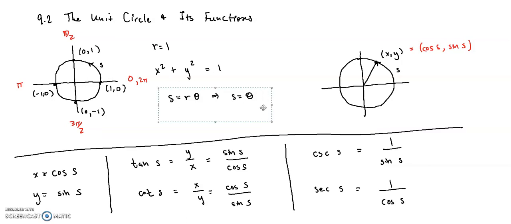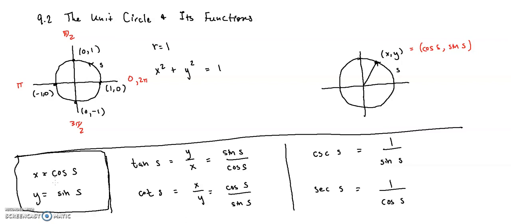All right, and as long as we're here and we've got all this written out, I also want to point out that if we look at our first box here with sine and cosine, we can also rewrite the equation of the circle using sine and cosine. So we could write x squared as cosine squared s. We usually put the square next to the function. It's a little bit different for trig functions.